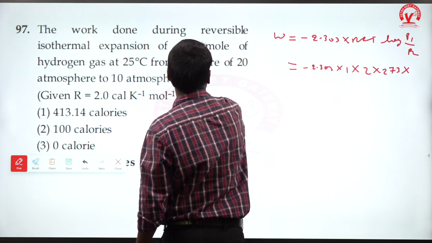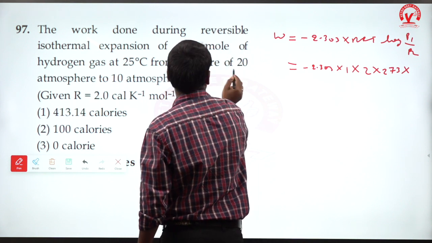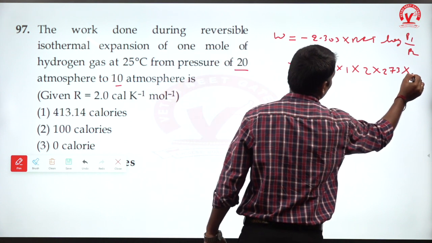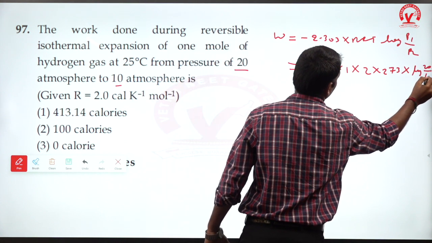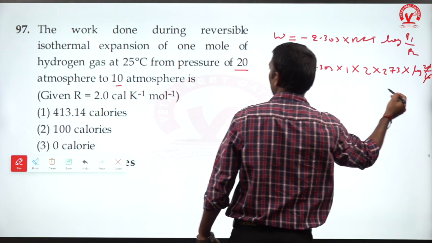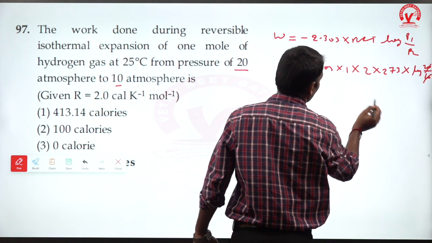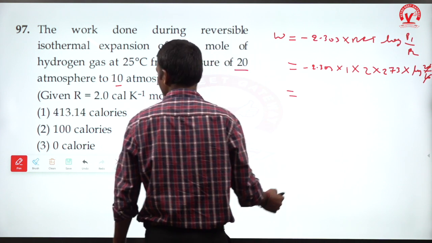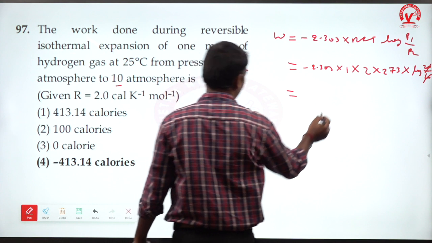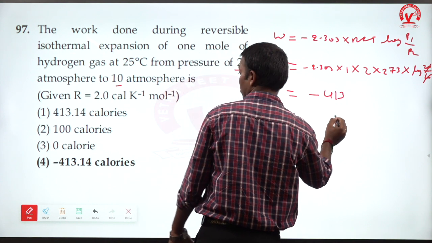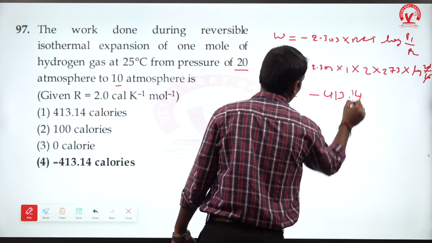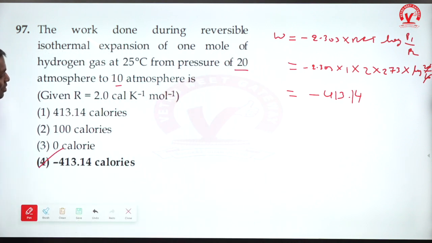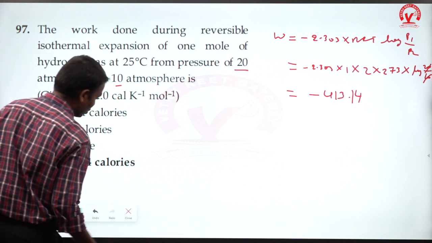P1 is 20 and P2 is 10, so log of 20 divided by 10, that is 2, the 0 gets cancelled. Log 2 value we have is 0.30. So if you simplify this, we will get minus 413.14 calories. That is option 4, the correct answer. Right? Then move on to the next question.